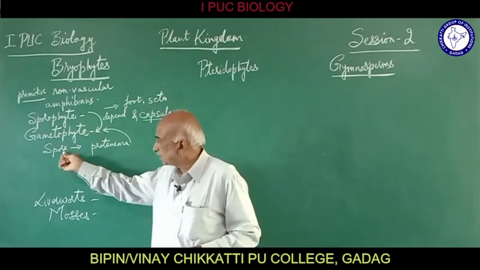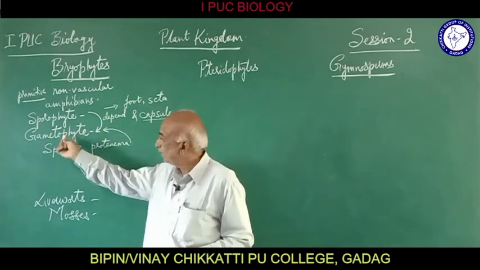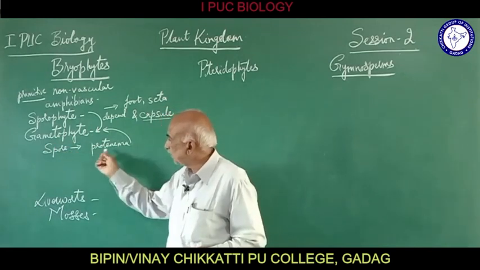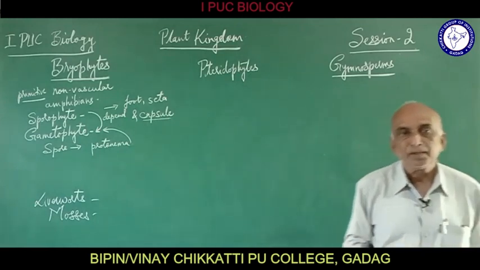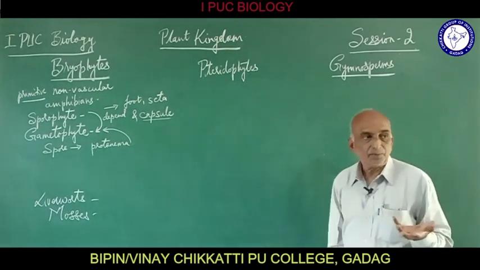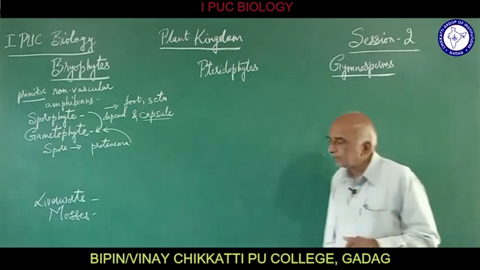In some, the spores directly give rise to the gametophyte, and in some the spore develops into a stage called protonema, and then the protonema will give rise to the gametophyte.